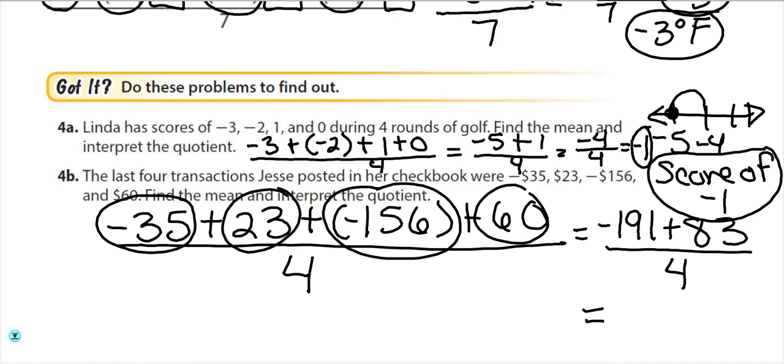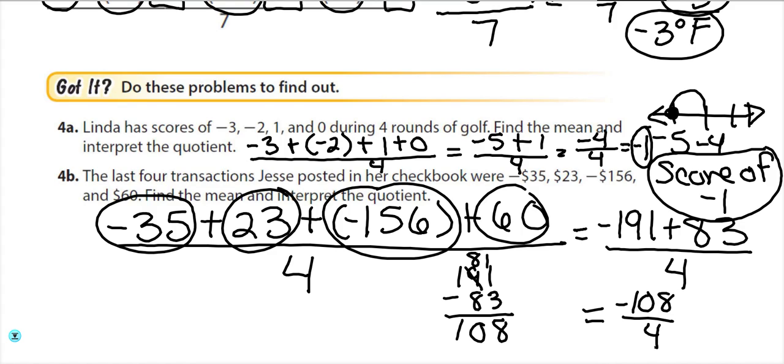All right, so this one would be a little bit more complicated to show on the number line, but since we're adding, that means we're going backwards, so we actually just need to subtract. So we're going to do 191 minus 83. Borrow there, so that's going to be 11 minus 3, which will give us 8. 8 minus 8, which is 0, and then 1, so we get 108, and it's going to be negative 108. So we'll end up with negative 108 over 4.